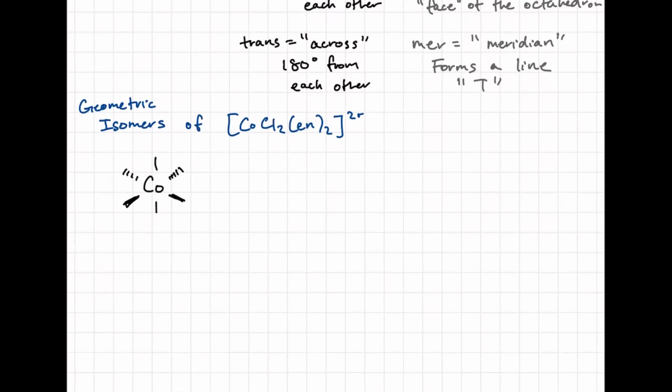Okay, so because we have two of a kind, we can have cis-trans isomerism. My advice to you all, and this is what really worked for me, is to utilize the square in the middle. And what I mean by that is, let me redraw this a bit better. Because this is an octahedral complex, you can try to imagine these four on the wedges and dashes as on a square.